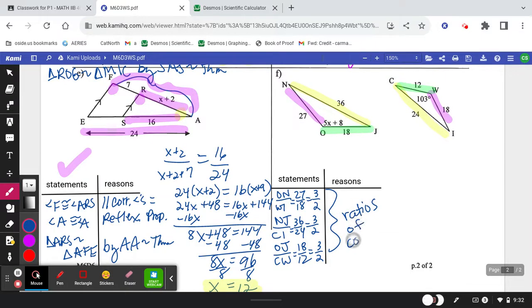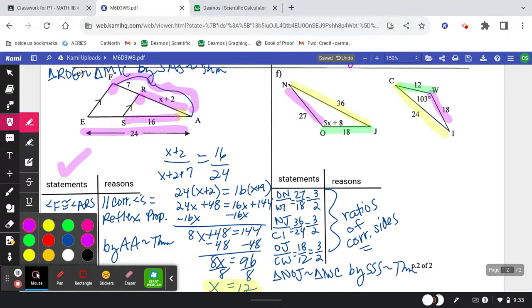Ratios of corresponding sides are equal. We have enough for triangle similarity. Triangle NOJ is similar to triangle, okay, so I'm going along the purple to the green, so IWC. And that's by side, side, side, similarity theorem.